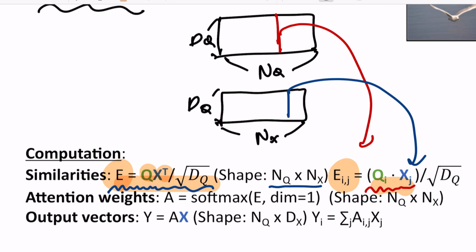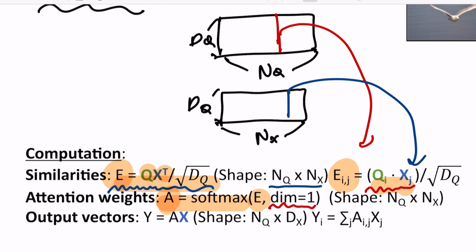Of course, we need a softmax function to normalize this similarity matrix E to the attention map A, where the normalizing dimension should be dimension 1.